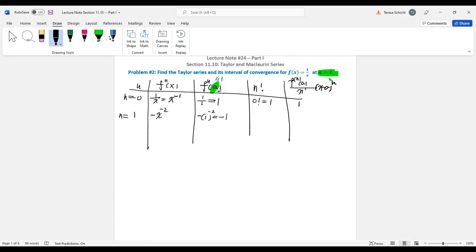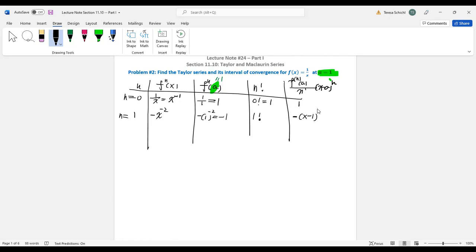And the n factorial is 1 factorial, right? So what is over here? This will be negative, x minus 1 to the first power.